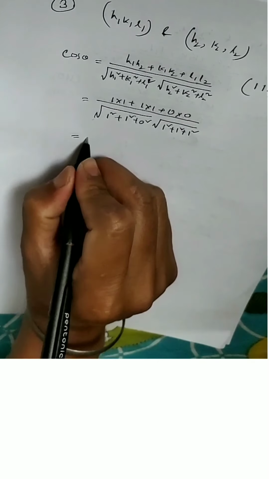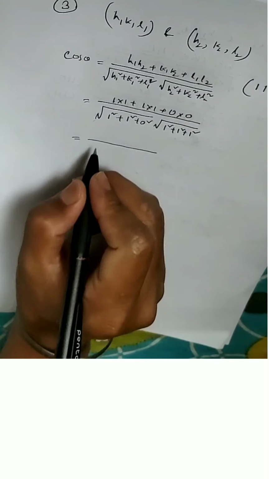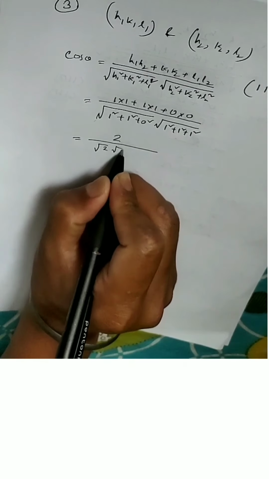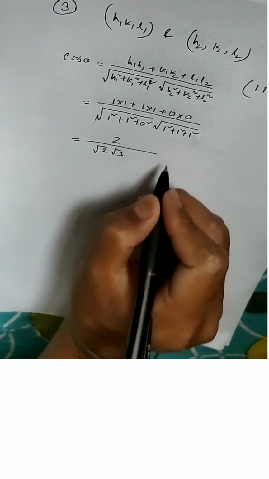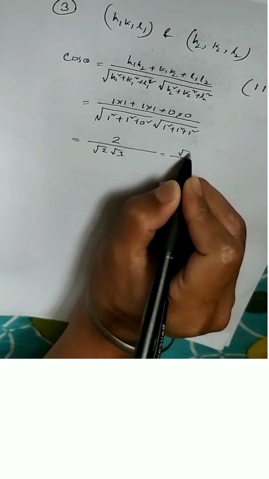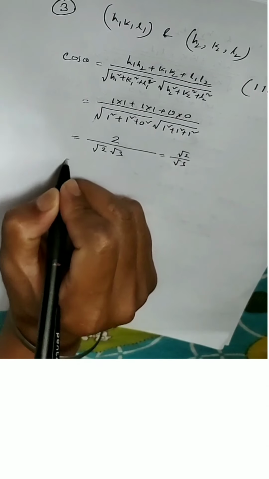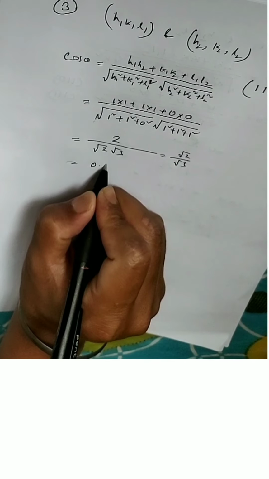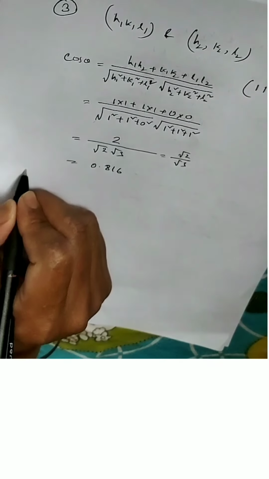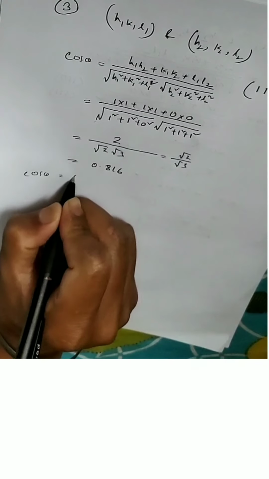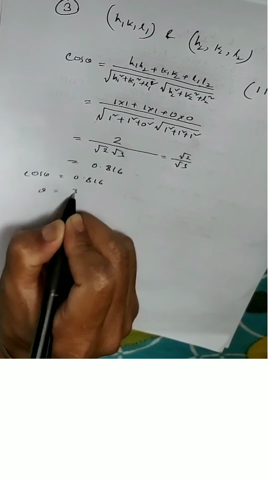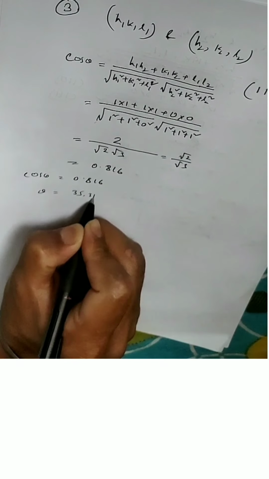By simplification, we have 2 by root 2 into root 3, equal root 2 by root 3. Root 2 by root 3 is equal to 0.816. So cos theta equals 0.816. So theta equals 35.31.